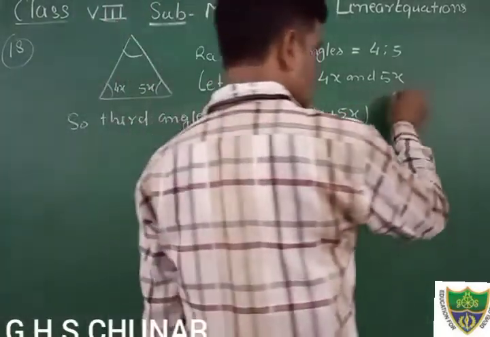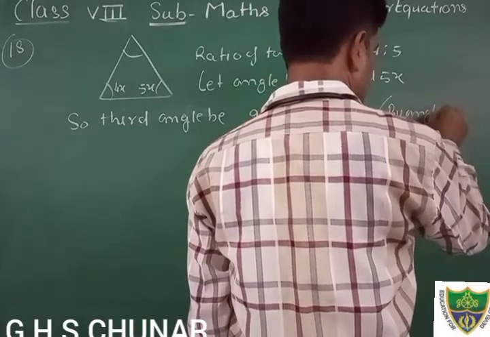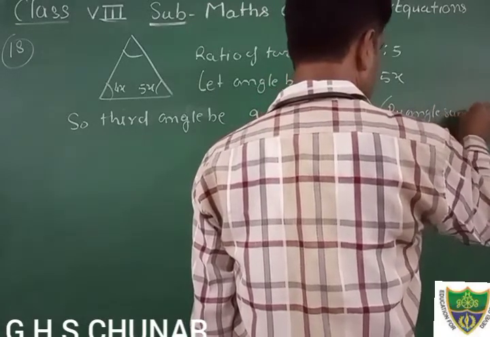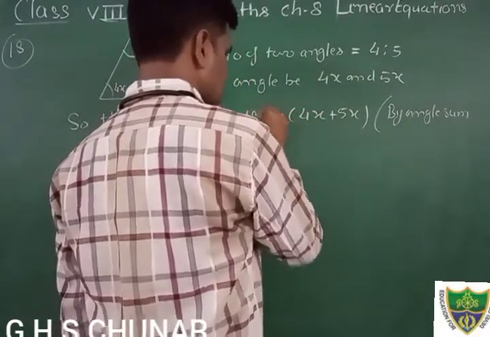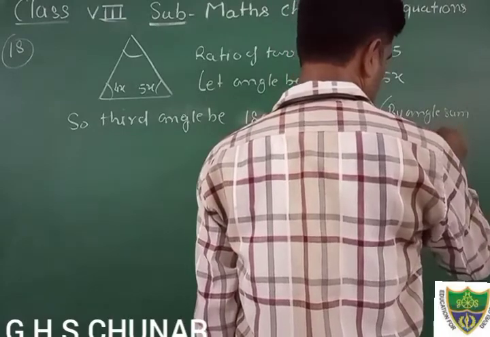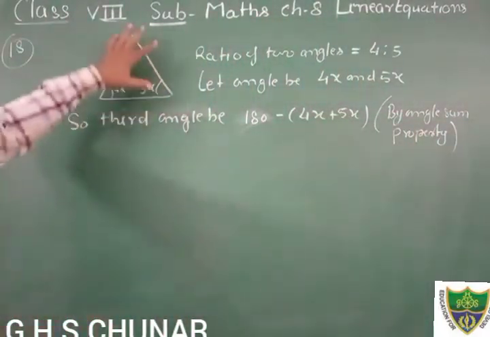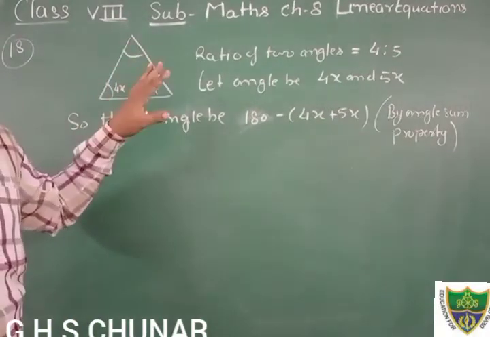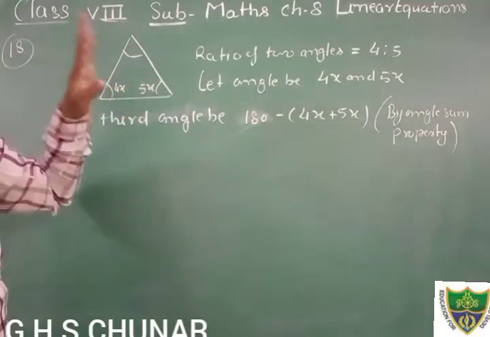How? By the angle sum property. You know that the sum of all three angles is 180 degrees. If two are given, then the third will be 180 minus the sum of these two.